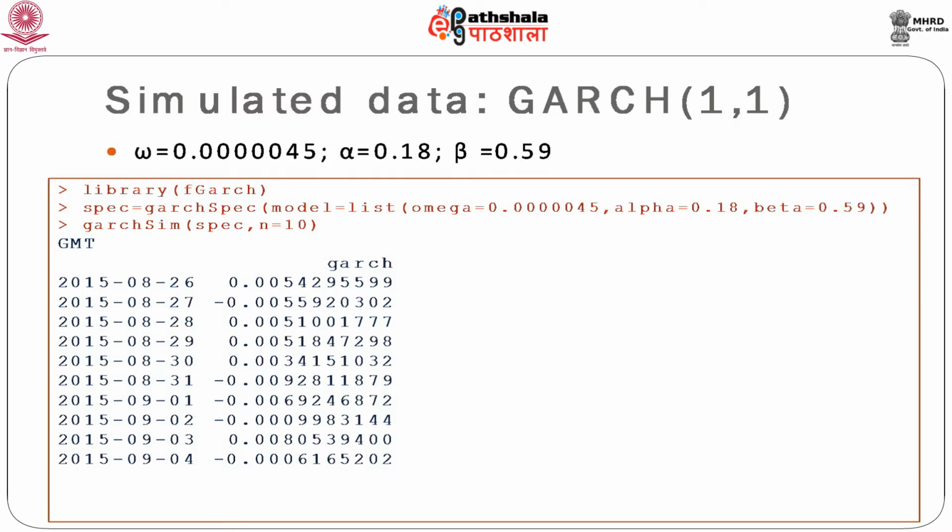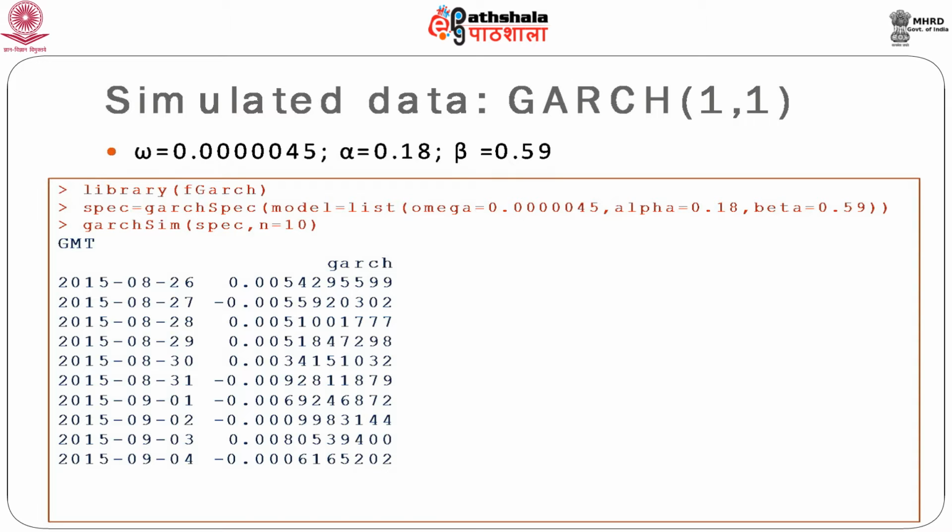If it is not there in your computer, you can install it, and then specify the parameters. Just garchSpec, one function available in the fGarch package, where you can assign the model parameters as model equals to list, omega equals to the very small value that I assumed, alpha equals to 0.18 and beta equals to 0.59.